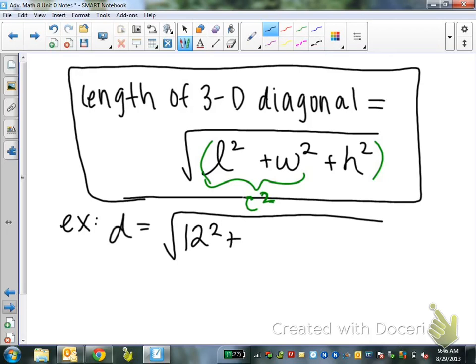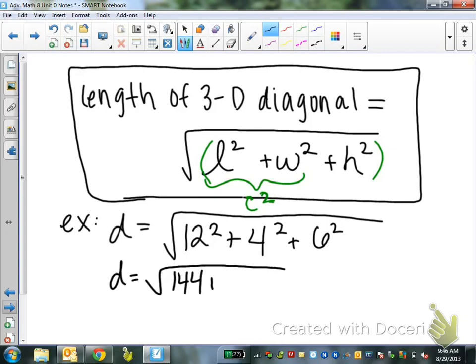What was our width? 4. What was our height? 6. Okay, so the diagonal equals, what's 12 squared? 144. Plus, what's 4 squared? 16. Plus 36.